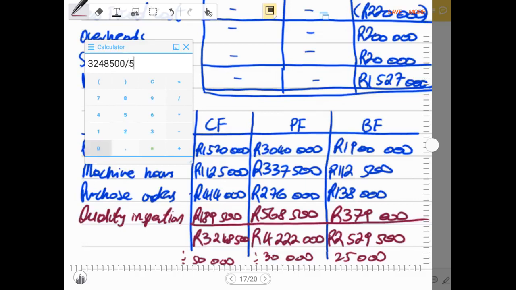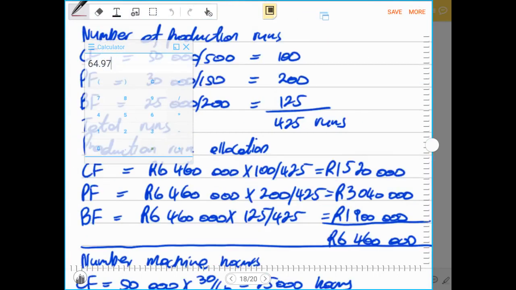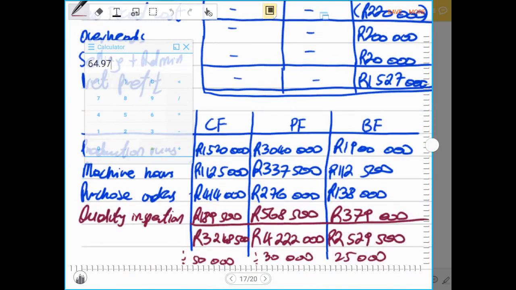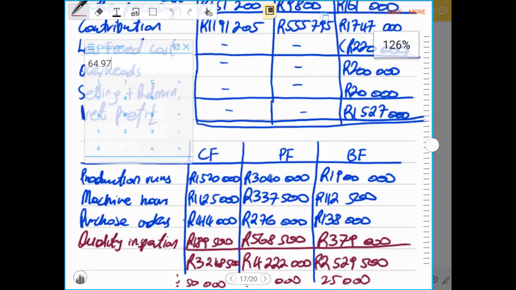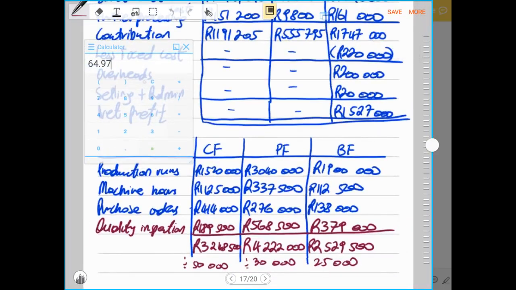3,248,500 divided by 50,000 will give us 64.97 cost per unit.